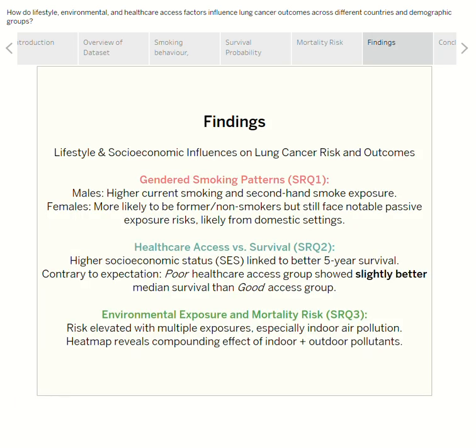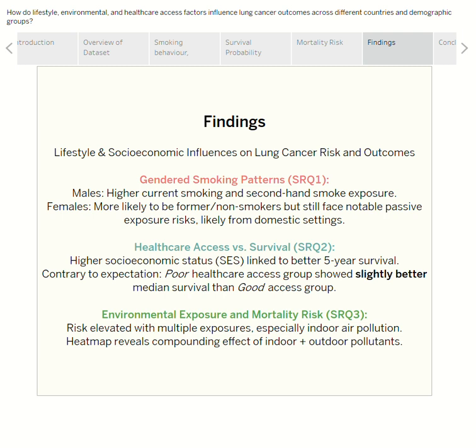And now let's move into the findings. In this slide, we summarize key insights from our visual analysis of lifestyle, environmental and socioeconomic influences on lung cancer outcomes. Starting with smoking behavior, related to sub-research question 1.